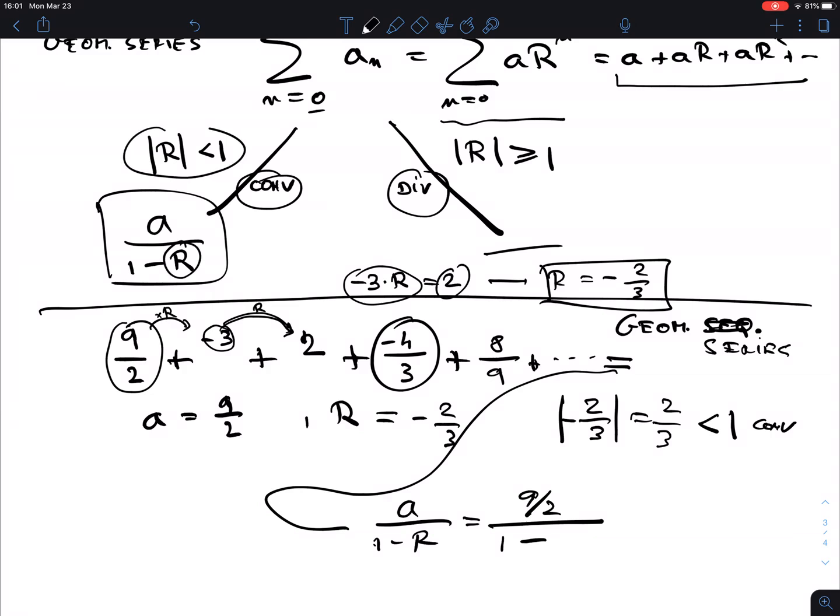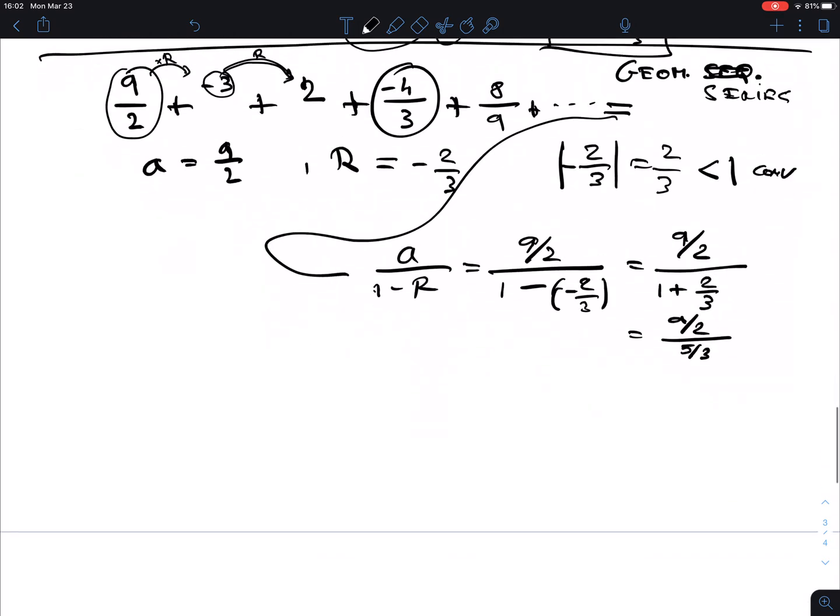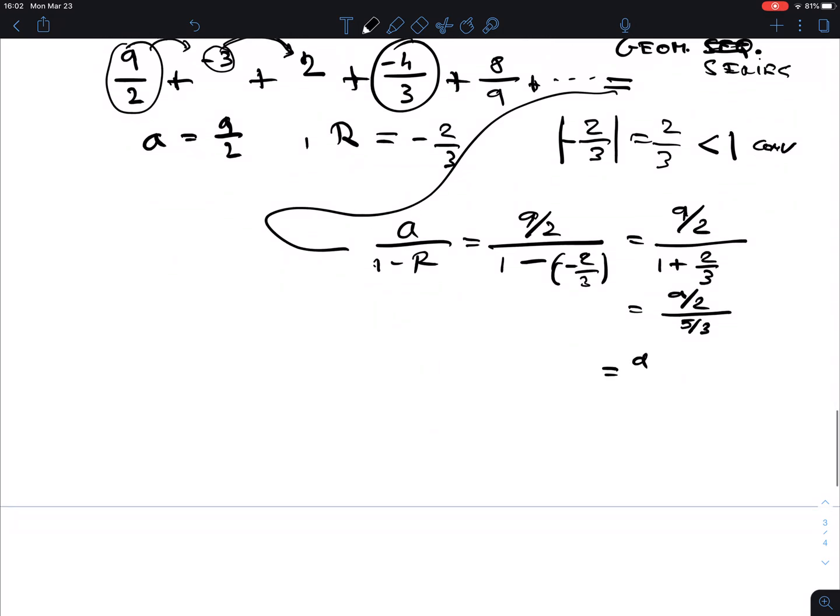To check, you need the absolute value, but when you plug in, you have to plug in r itself. So this would be minus 2/3 here. Don't forget the minus sign. So we get 9/2 divided by 1 plus 2/3, which is 5/3. So this is 9/2 divided by 5/3. That would be equal to 9/2 times 3/5.